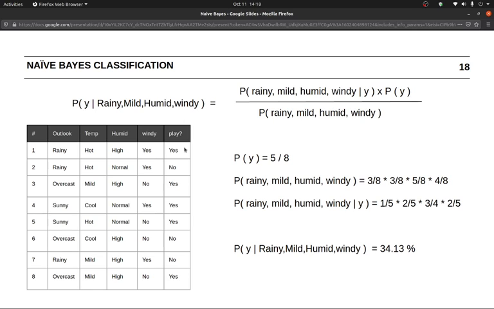The fundamental assumptions that we make are very wide assumptions. In reality we know most of these features would in some way impact each other, because we make a very naive assumption, and that's the reason why this algorithm is called a naive Bayes algorithm.